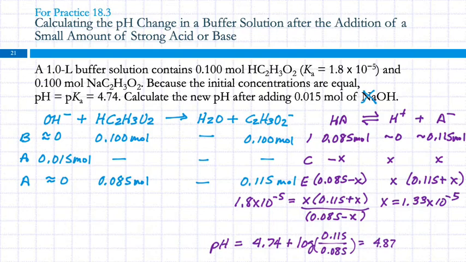X is 1.33 times 10 to the minus 5. And when I take the negative log of that, I get a pH of 4.876, which would round to 4.88, but essentially the same.